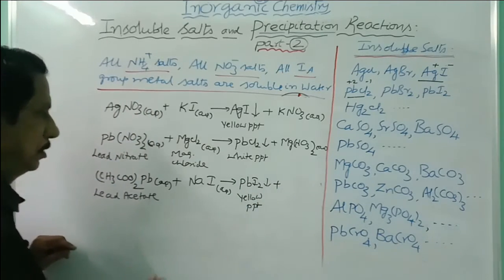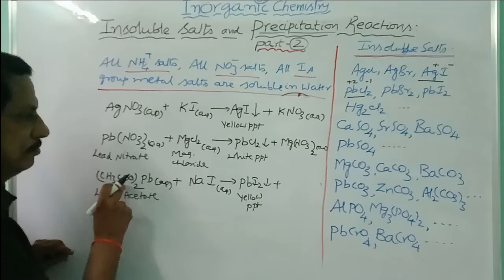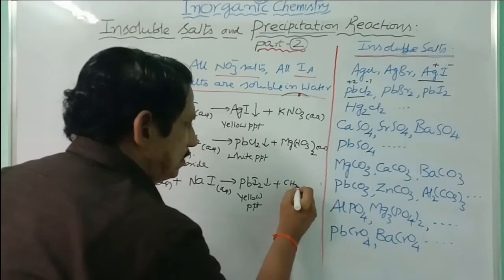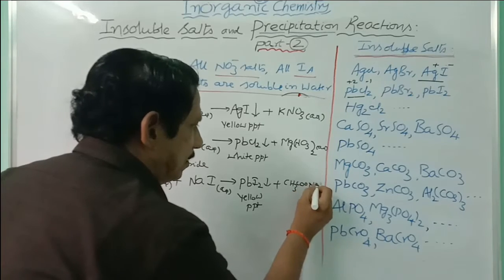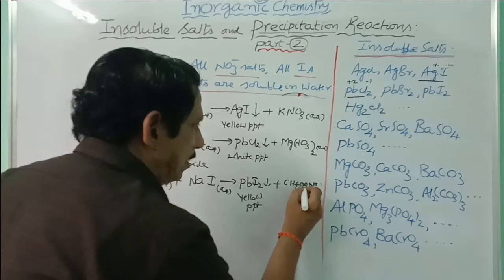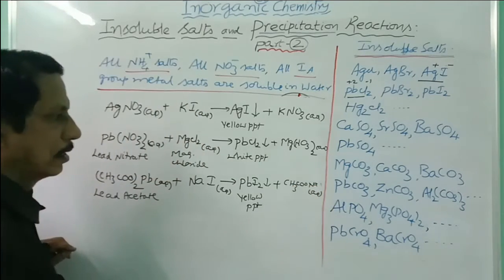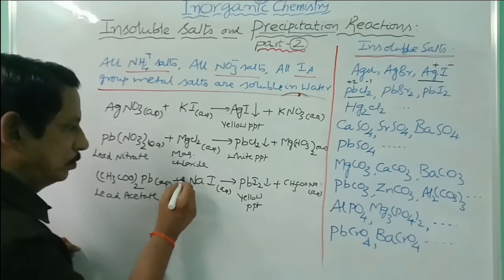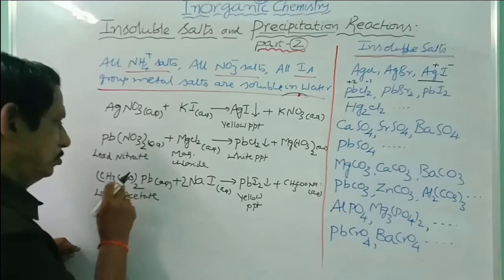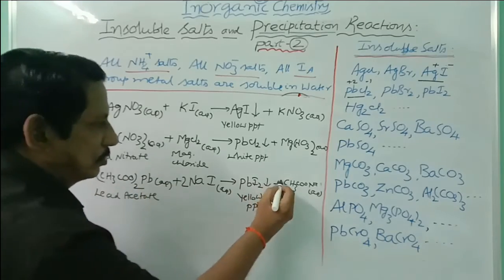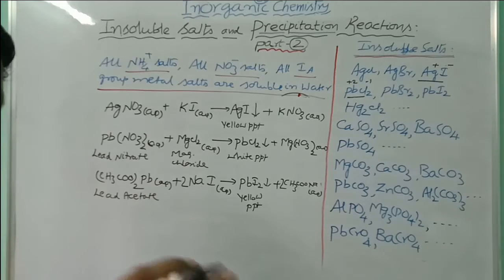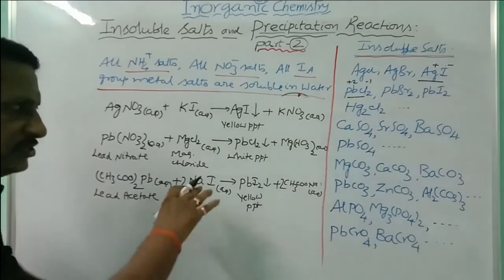Plus acetate ion combines with sodium ion, giving you sodium acetate, CH3COONa, in aqua. Two I's are there, so you have to take 2 NaI. And so 2 acetate ions, 2 sodium ions, you have to write 2 here. That is the balanced equation. By the trial and error method, you can easily balance these equations.